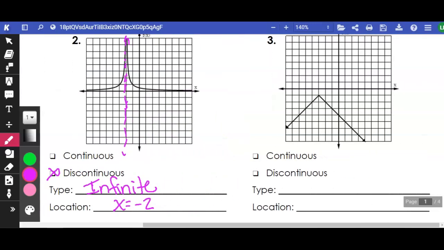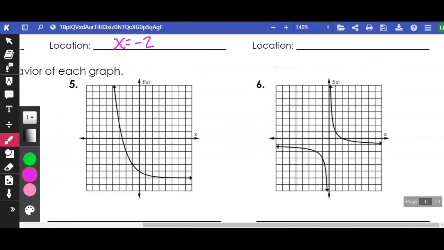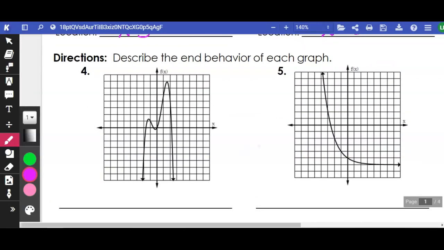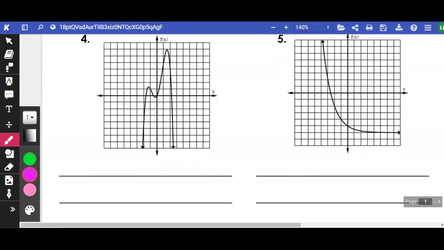On number 3, I can trace the whole graph without picking up my pencil, which means it's continuous, so there is no type or location. Right? Now let's talk end behavior. In end behavior, we start off by saying as x approaches infinity, f of x approaches, right? So as x gets bigger and bigger, y gets smaller and smaller, so it approaches negative infinity.